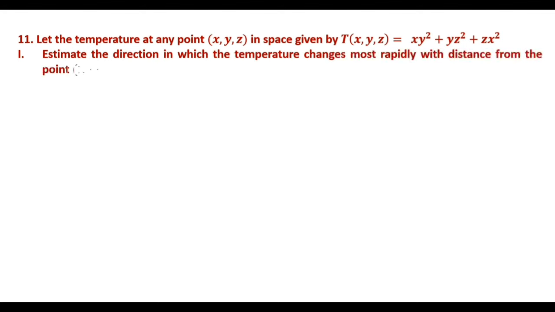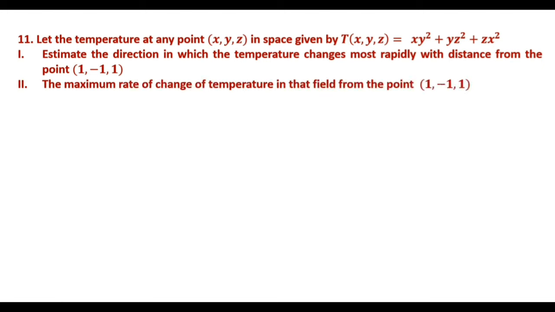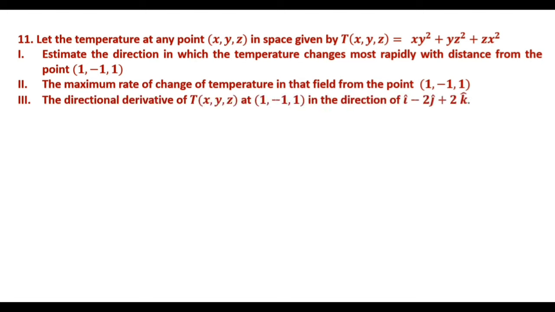Estimate the direction in which the temperature changes most rapidly with distance from the point P, and the maximum rate of change of the temperature in that field from the point P. Then the directional derivative of the temperature at the point P in the direction of some non-zero vector. And finally, we need to estimate the unit normal vector to the temperature function at the point 1, 2, 3.